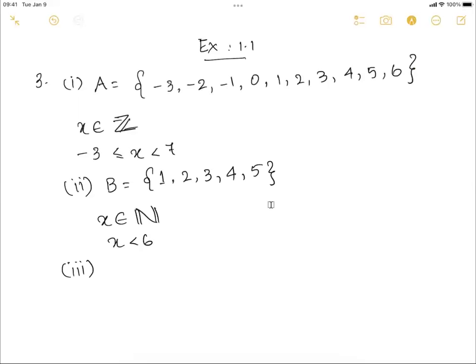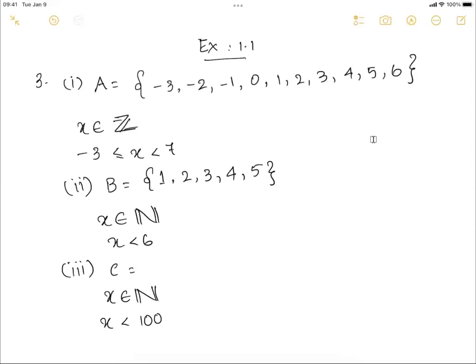Now, the third one, C is a set of all x such that x is a 2-digit natural number. So we know x is a natural number, but it also says x is a 2-digit natural number, which means x is less than 100. So x is a 2-digit natural number such that the sum of its digits is 8.